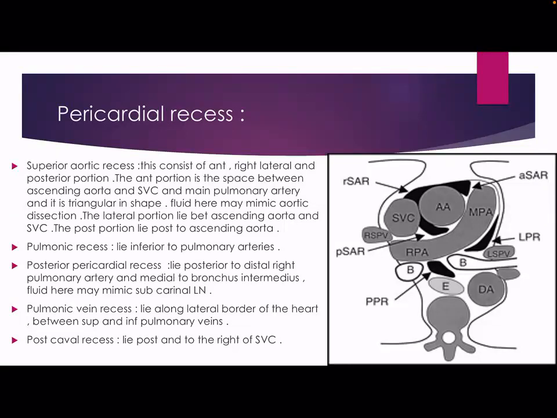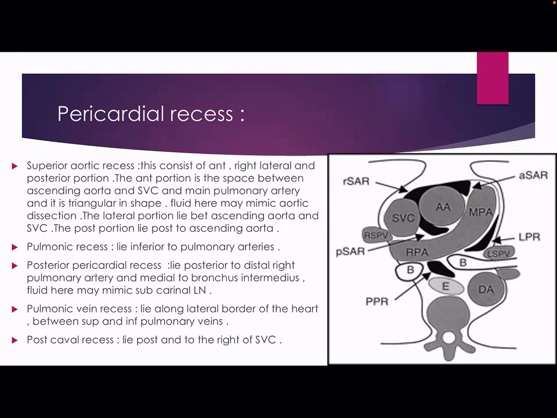The right lateral portion is formed between the ascending aorta and superior vena cava. The posterior portion lies posterior to the ascending aorta. So this triangular area represents the superior aortic recess.